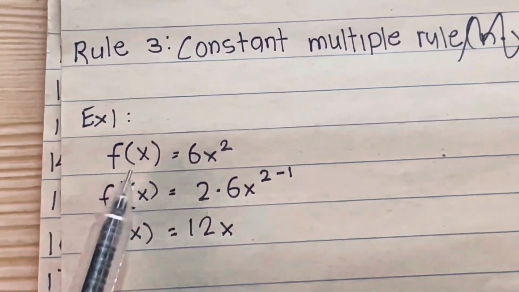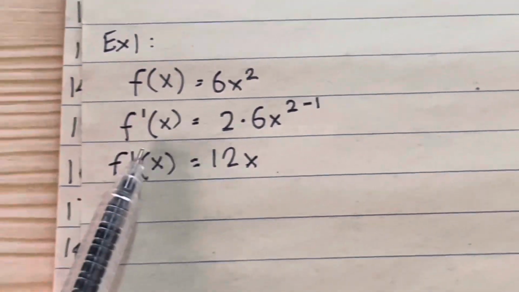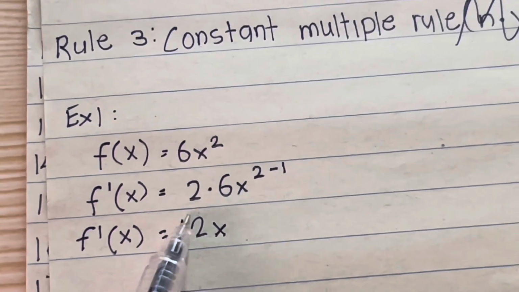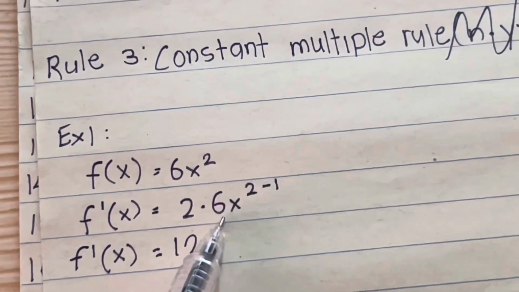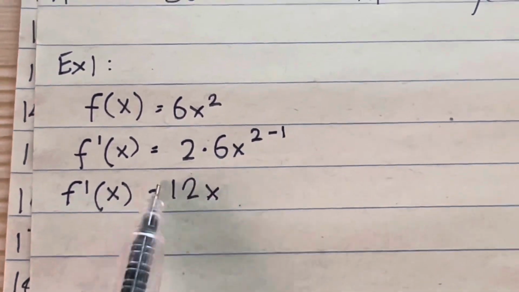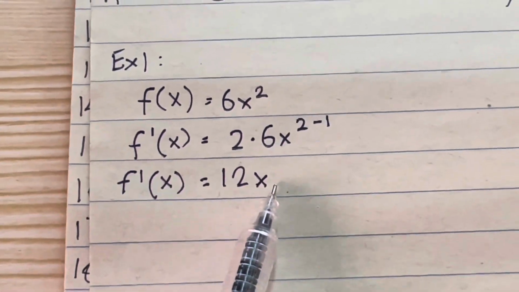The formula will look like this. The derivative of f of x is equal to 2 times 6x raised to 2 minus 1. The answer will look like this. The derivative of f of x is equal to 12x.